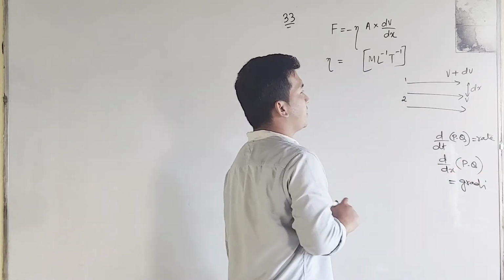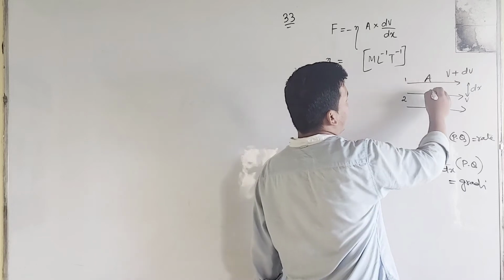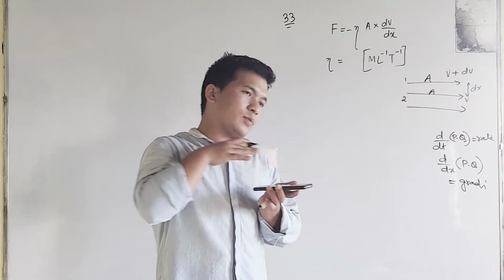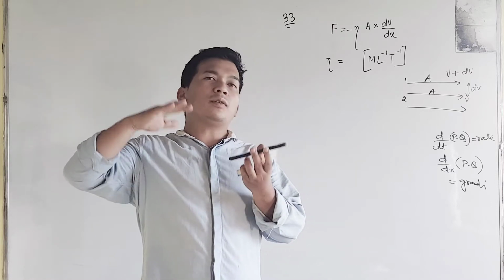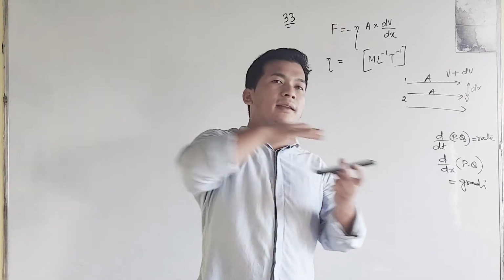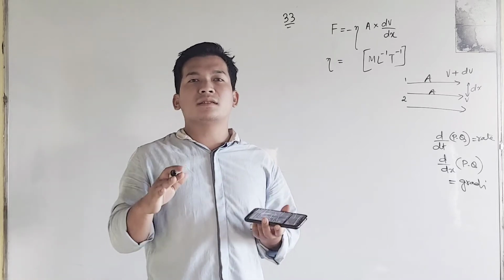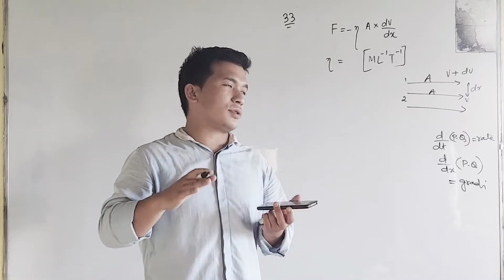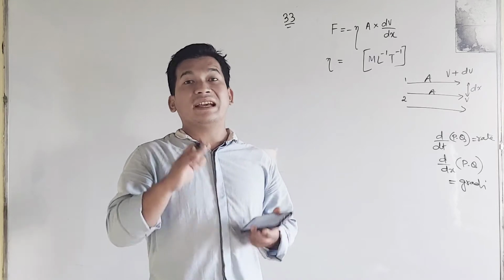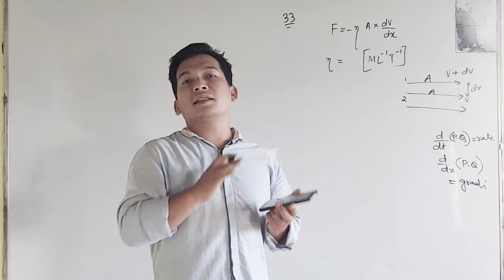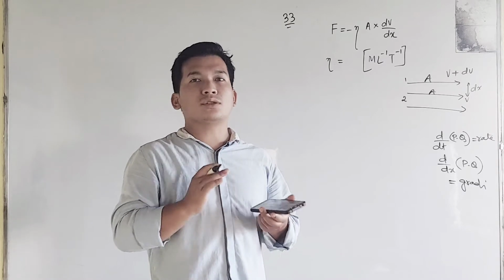If the two layers of the liquid or fluid flow layer by layer, then what is viscosity? Viscosity is the force that tries to reduce the relative motion between two consecutive layers.